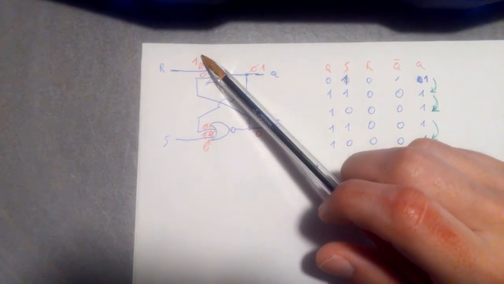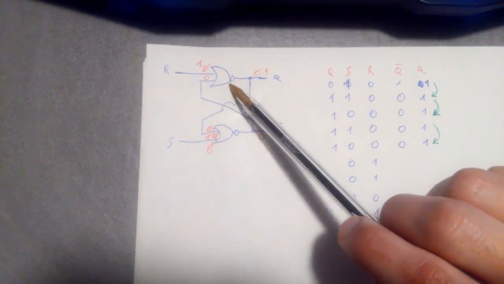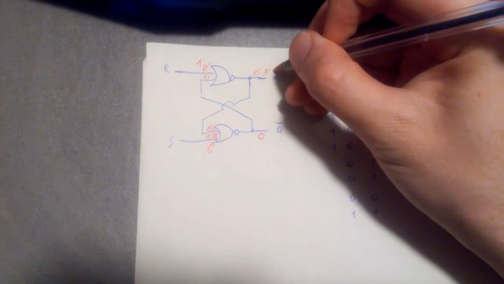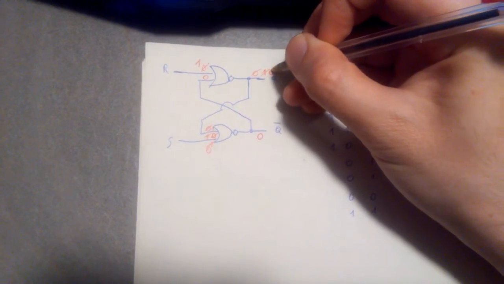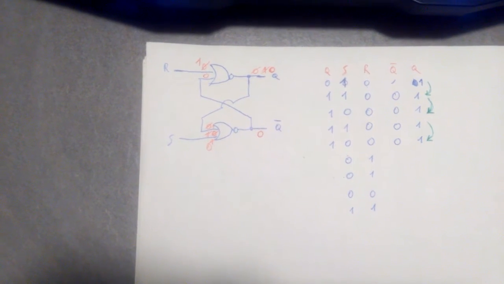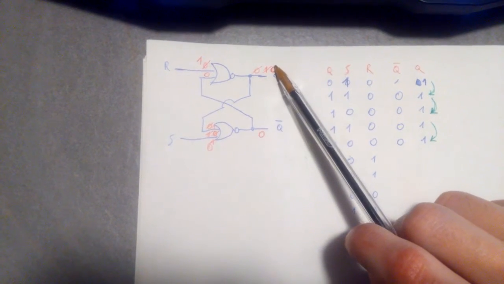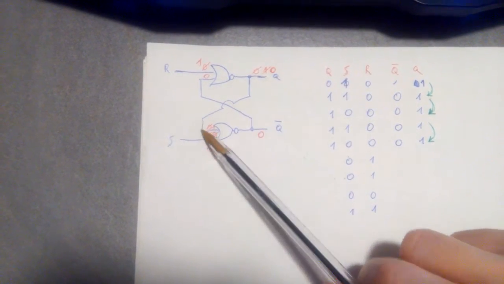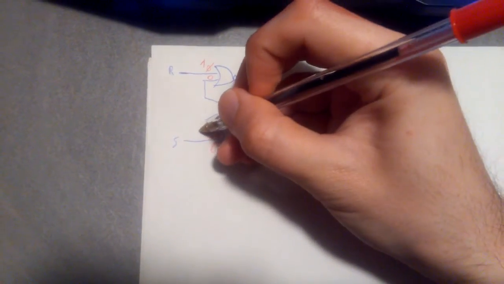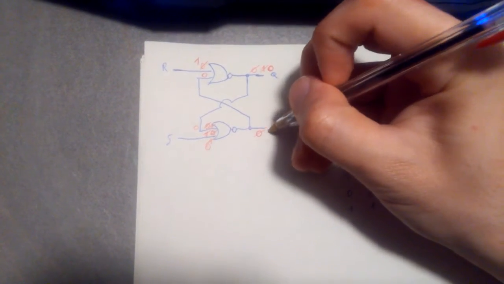So in this case, we'll have 1 and 0. So 1, NOR it, so we get a 0. And now with a 0, we get 0 here. So we no longer have a 1 here, we have 0, 0. Now 0, 0 is 0, NOR it, and we get 1.